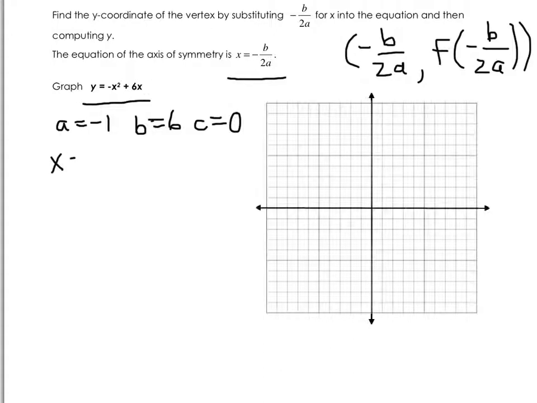So x equals negative b over 2 times a. That is a positive 3. So our axis of symmetry is the vertical line x equals 3.